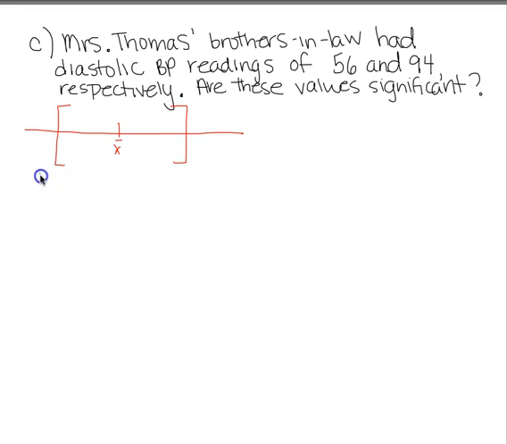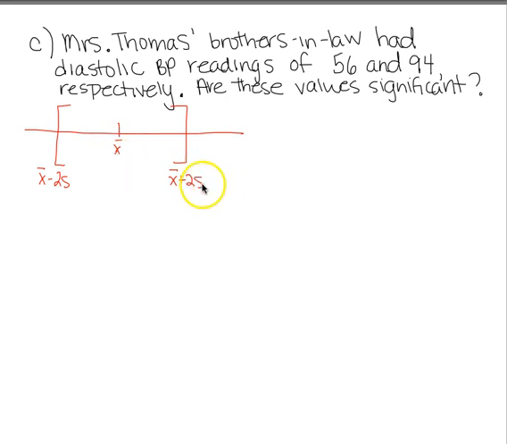So within the braces, which start at the value X bar minus 2s and end at the value X bar plus 2s, anything inside those brackets is not significant or not unusual or not an outlier. Anything that's bigger than this guy is going to be significantly high, and anything smaller than this guy is going to be significantly low.